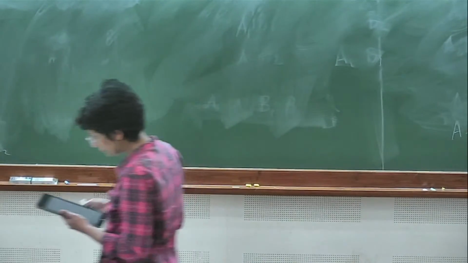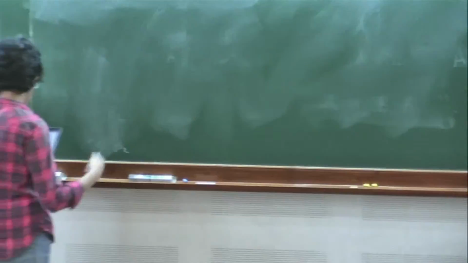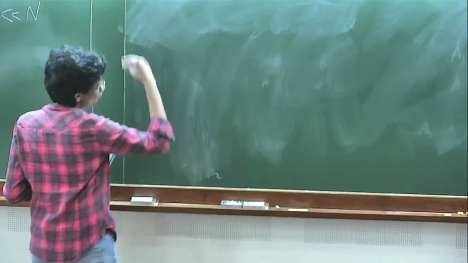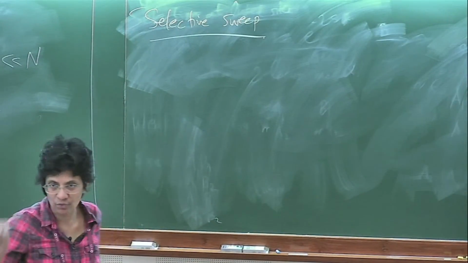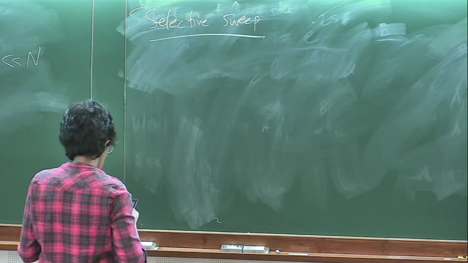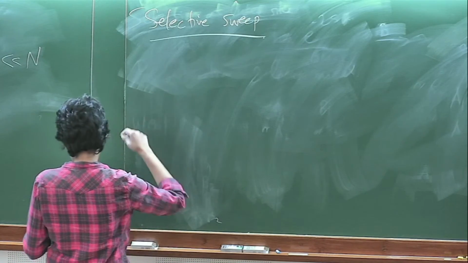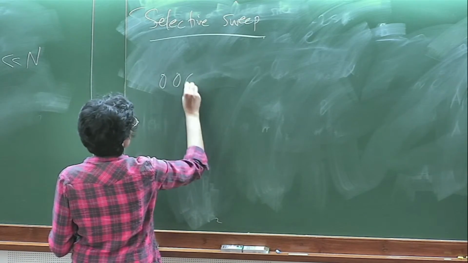So let me just describe to you first from a sort of a cartoon. Suppose I have a population in which all individuals to start with, let's say, are neutral. So I'm writing the previous sequence I wrote for you.